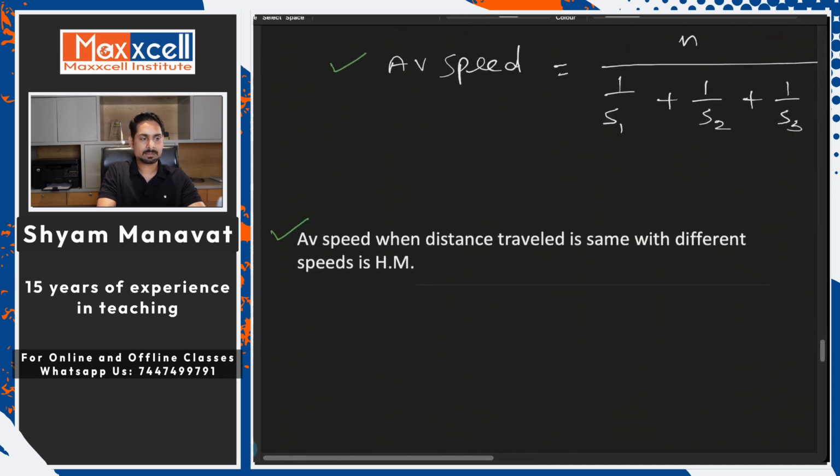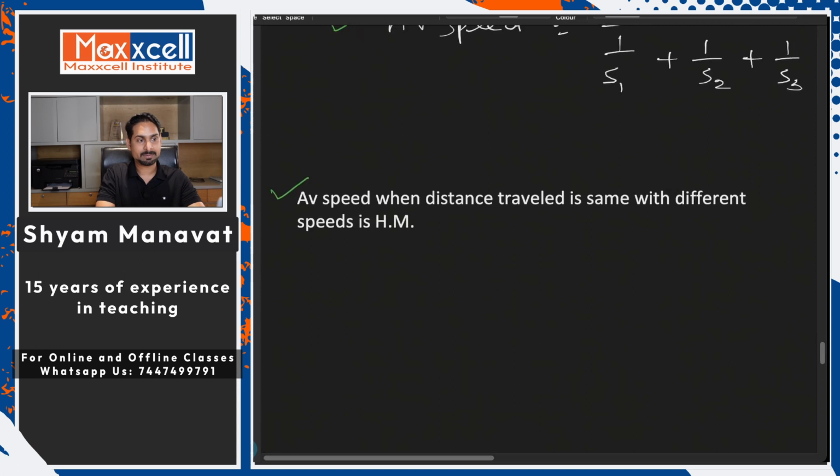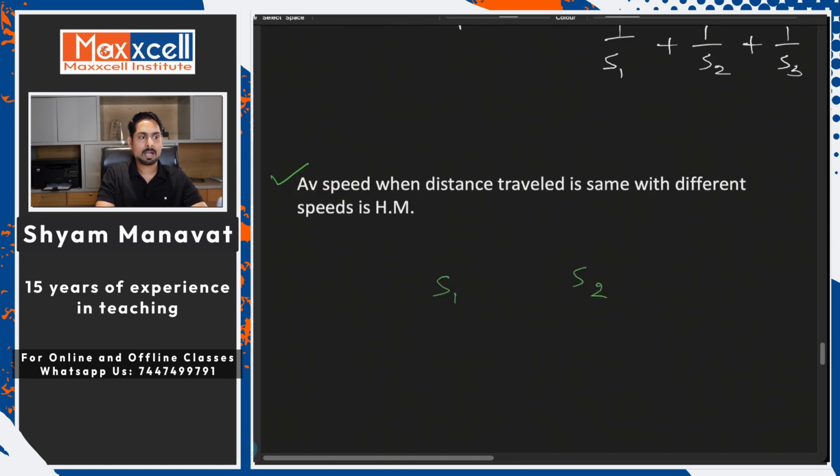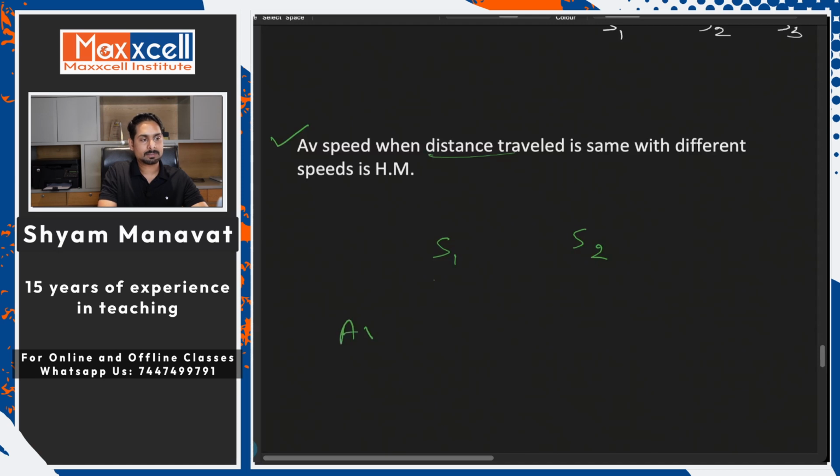Many times in easy exams you get two speeds. Let's say only S1 and S2, two different speeds, and distance traveled is the same with these two different speeds. In that case, if you simplify the harmonic mean further, only for two numbers, you get 2 into S1 into S2 by S1 plus S2.